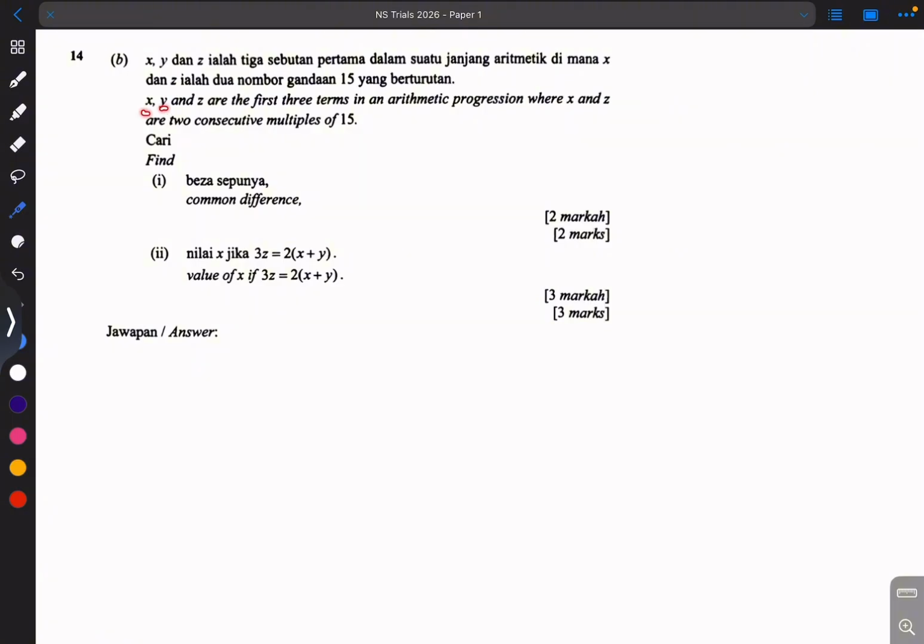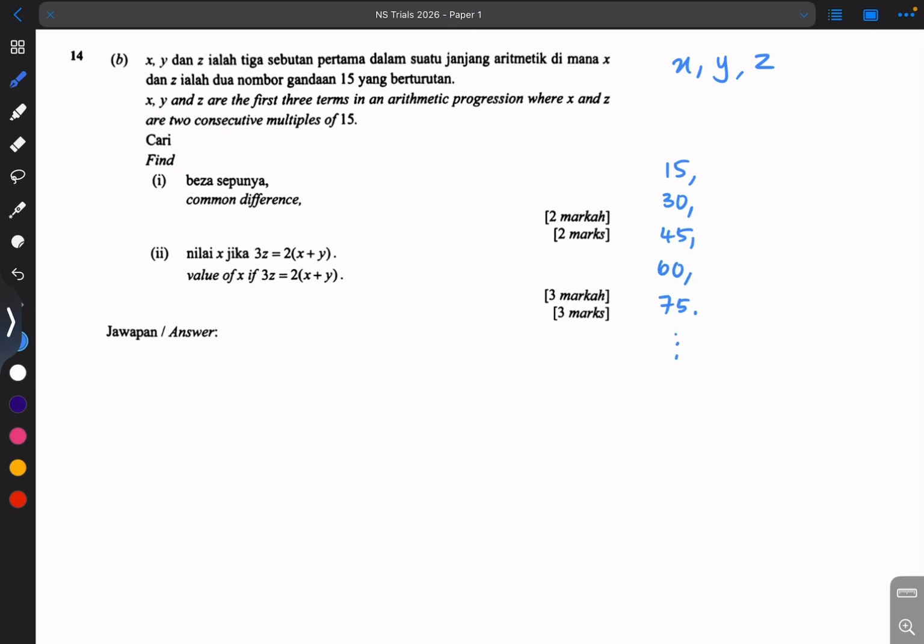14b. X, y, and z are the first 3 terms in an arithmetic progression. Okay, so we write x, y, z. Then they said x and z are 2 consecutive multiples of 15. Okay, consecutive multiples of 15 means multiples of 15 would be 15, 30, 45, 60, 75, and so on.